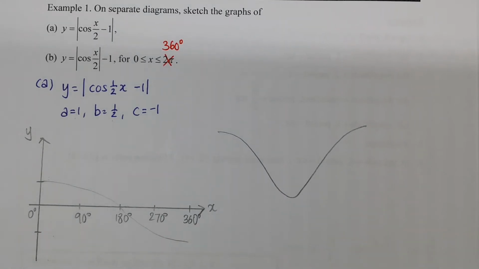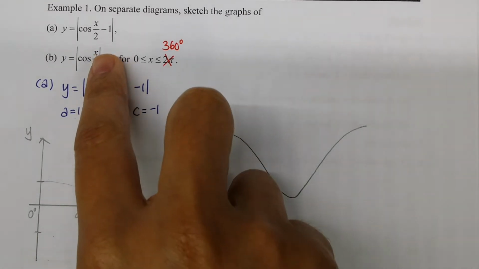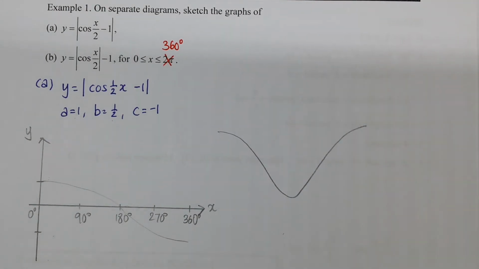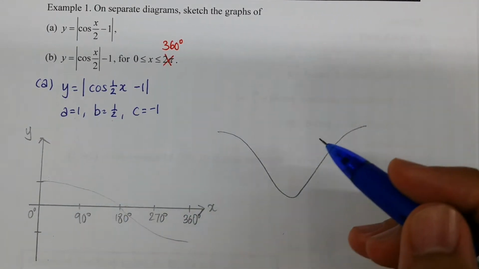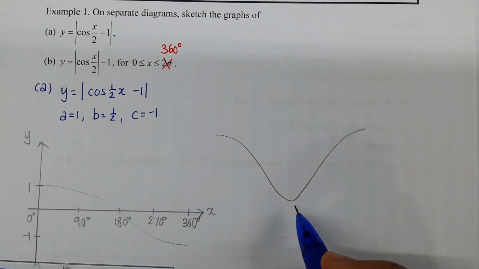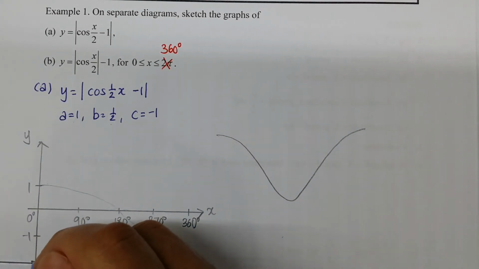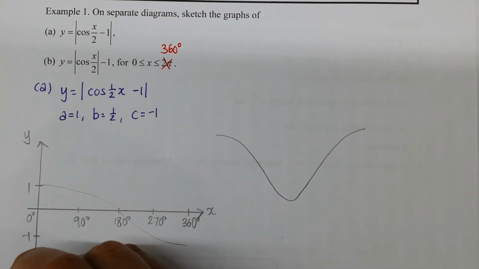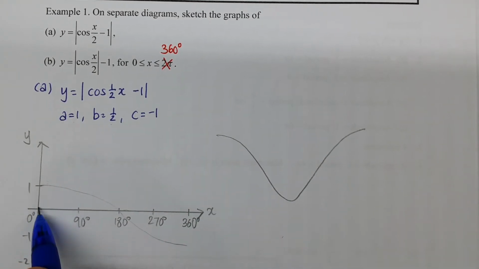After that, the graph is supposed to shift down by 1 unit because there's a minus 1, right? So instead of minus 1, it will go down to minus 2, and this will go down to 0.